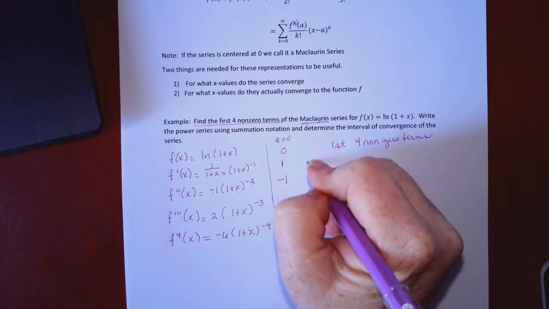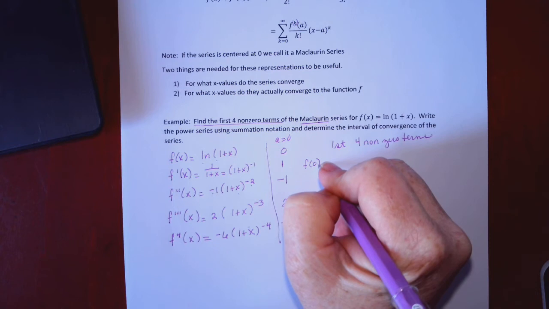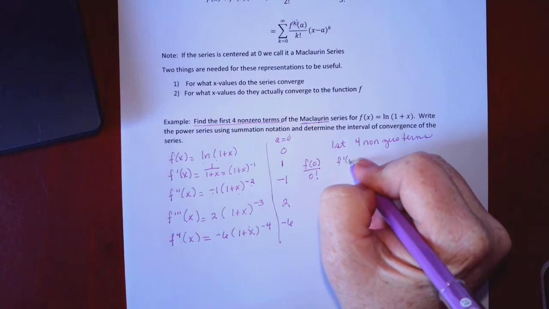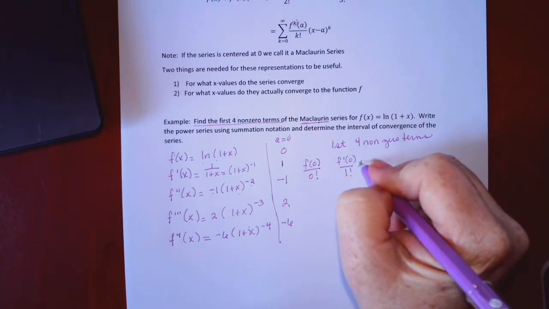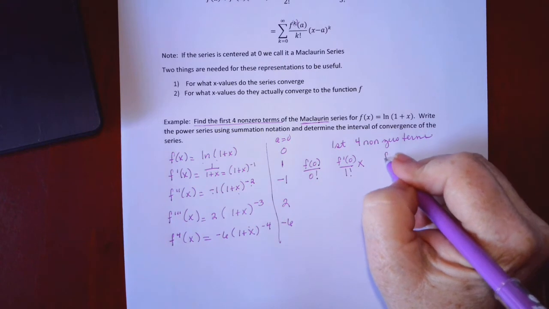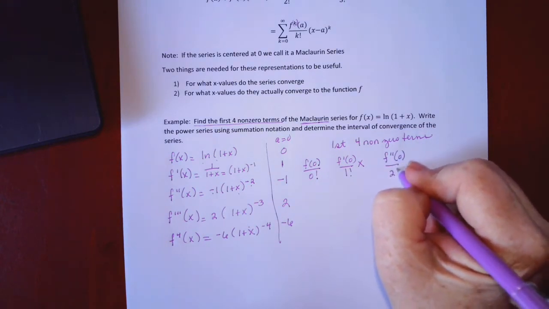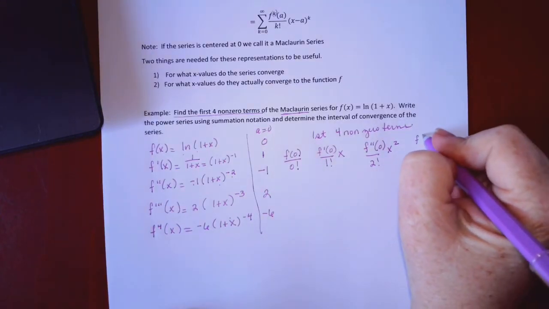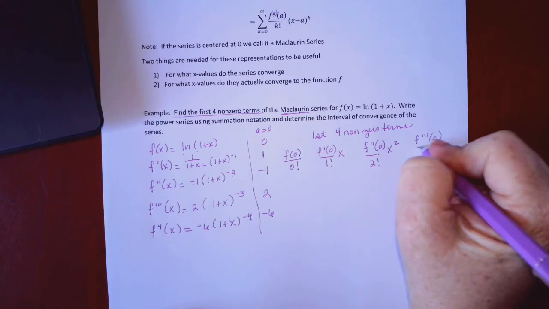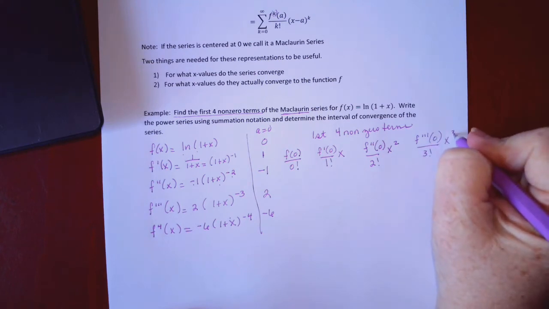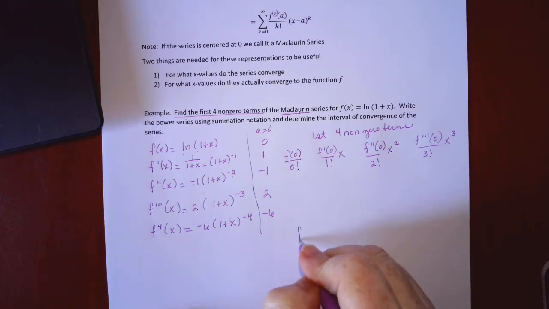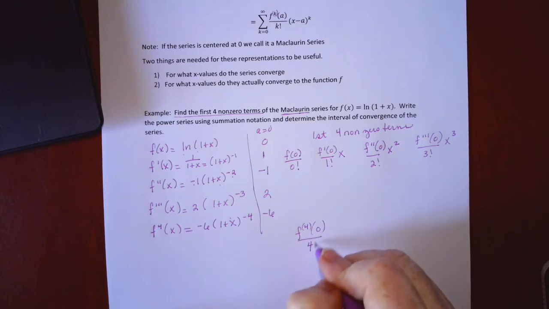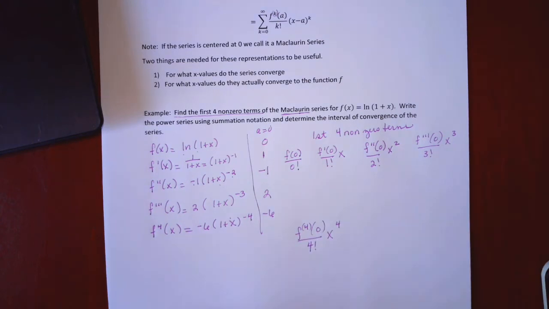Here I would have had f of 0 over 0 factorial, f prime of 0 over 1 factorial times x minus 0, f double prime of 0 over 2 factorial times x minus 0 squared, f triple prime of 0 over 3 factorial times x minus 0 cubed, and then the fourth one, since we had to find it, will be the fourth derivative at 0 over 4 factorial times x minus 0 to the fourth.